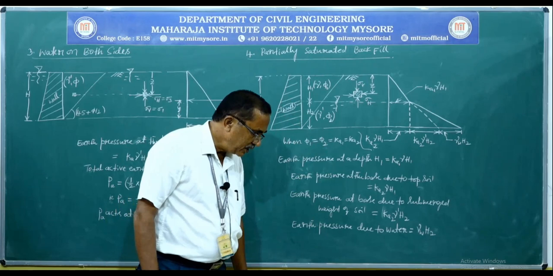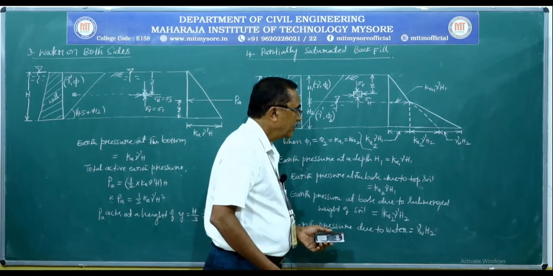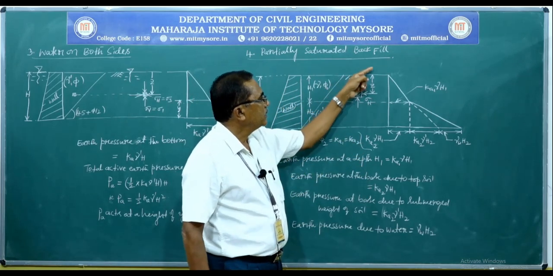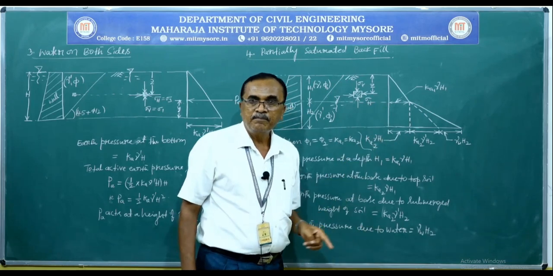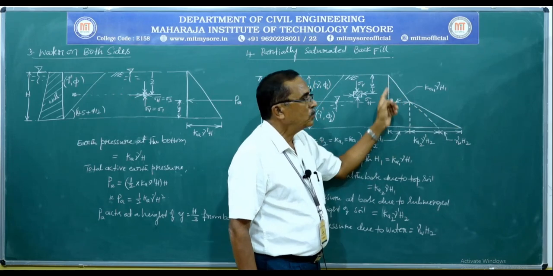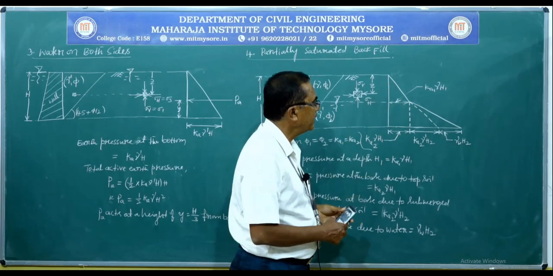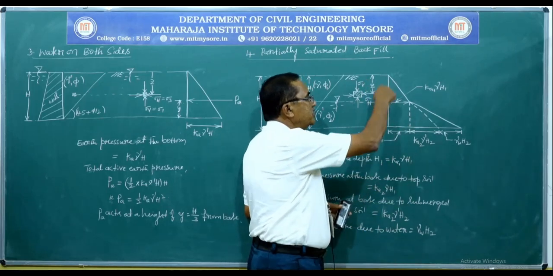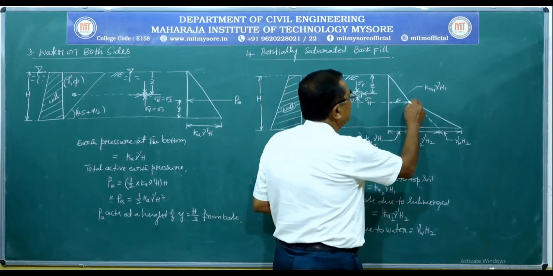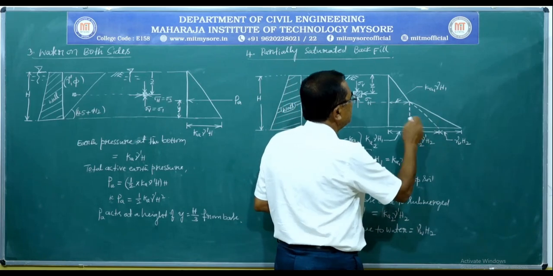After drawing the pressure distribution diagram, we can easily calculate the total active earth pressure. As we know, the total active earth pressure is equal to the area of the pressure distribution diagram. Now let us divide this composite section into known regular geometrical shapes to calculate the area, as we don't have any direct equation for it. If we divide this into known regular geometry, we can easily calculate.